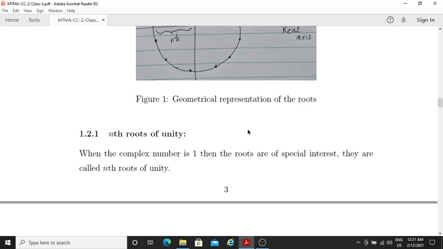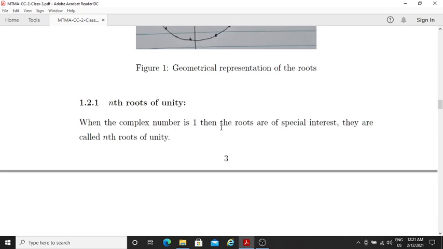Now let us look at the complex number 1. It is a real number, but you can consider it as a complex number. As we have already discussed, real numbers can also be considered as complex numbers with the imaginary part equal to 0.